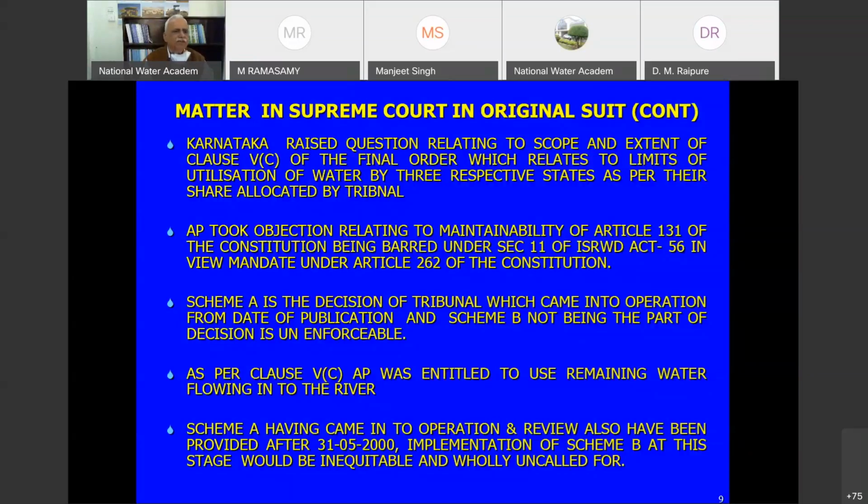Andhra objection relating to maintainability of suit under Article 131 of the Constitution, being barred by Section 11 of the Act 1956, in view of mandate under Article 262 of the Constitution. Scheme A is the decision of the tribunal, which came into operation from date of publication, and Scheme B, not being part of the decision, is unenforceable.